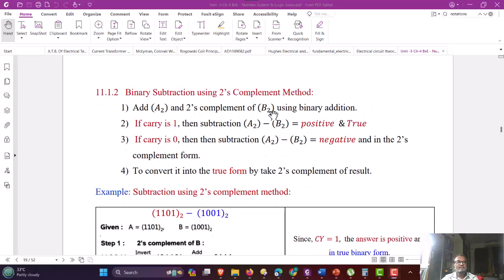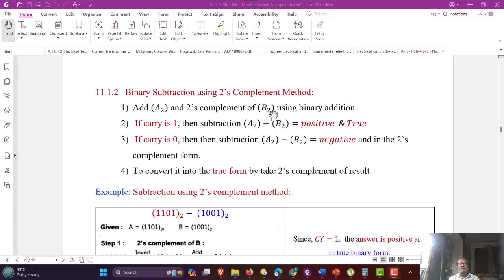Binary subtraction using 2's complement method. The 2's complement method simplifies the subtraction a bit compared to 1's complement, because there is only one representation of 0 in this method. The procedure is simple.